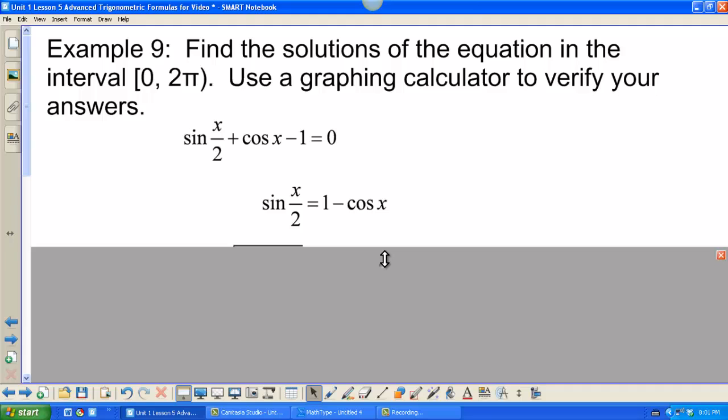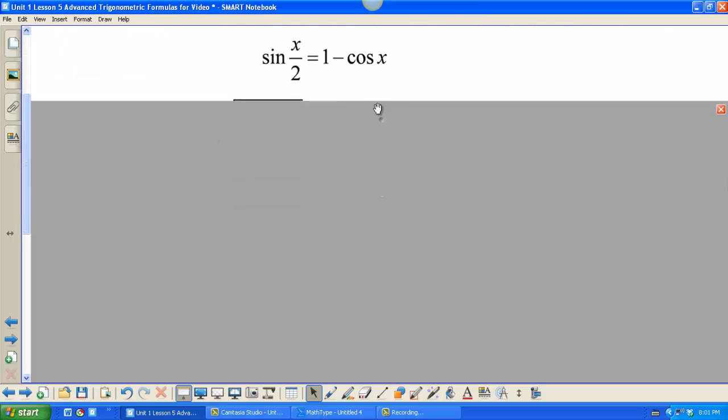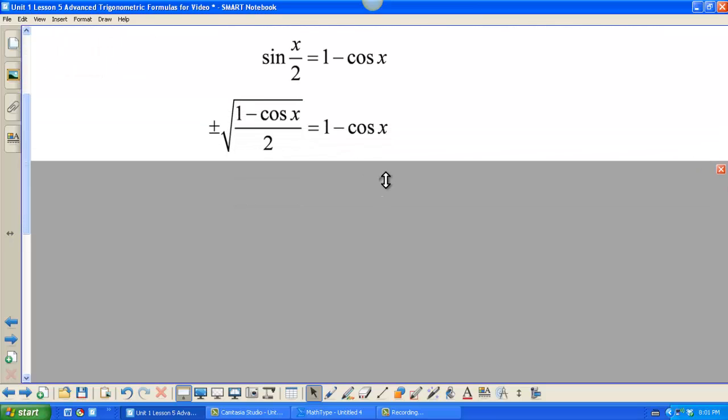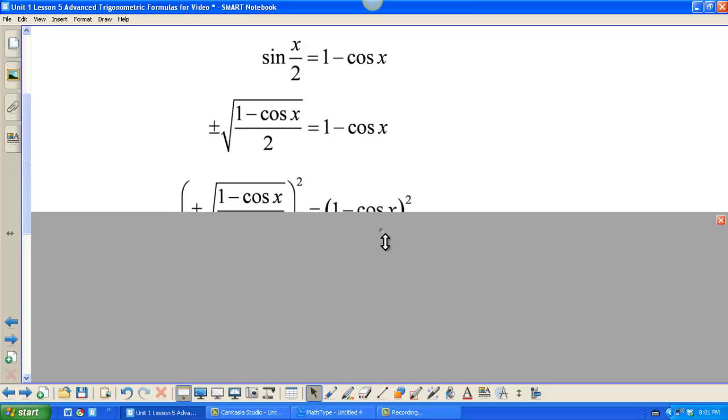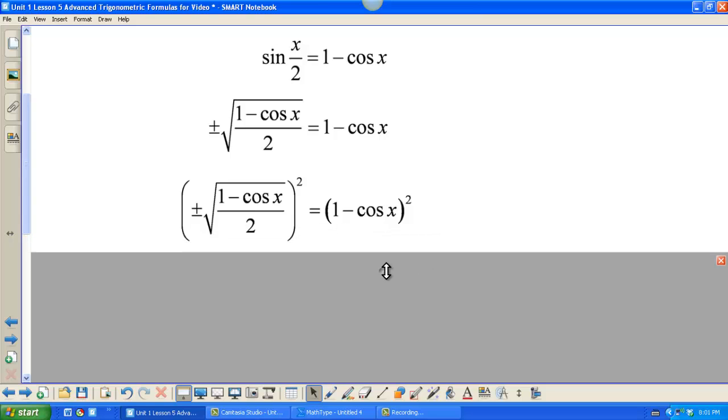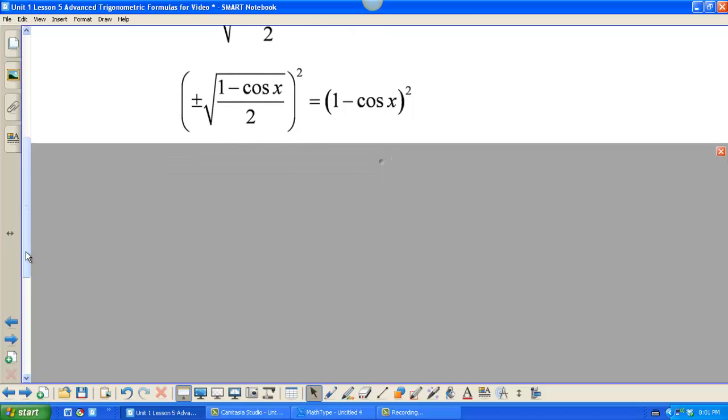Well, I'm going to get it by itself, the sine of the half angle, and here is why. The sine of the half angle includes a radical. In order for me to get rid of the radical, I have to have it isolated, because in doing so, I can square both sides of the equation, and the plus and the minus, a positive squared and a negative squared still yields a positive.